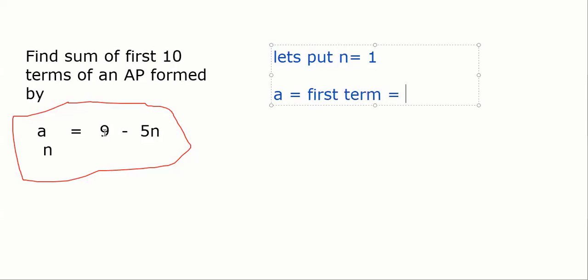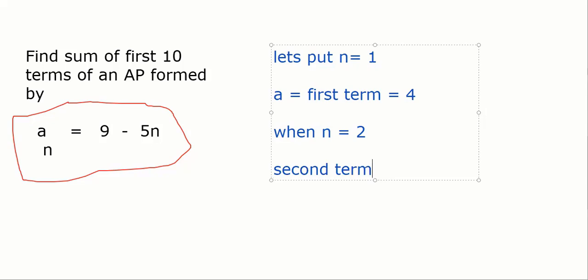So put n equal to 1 here: 9 minus 5, 4. Put n equal to 2. When you put n equal to 2, you get the second term, A2. 9 minus 10, minus 1.